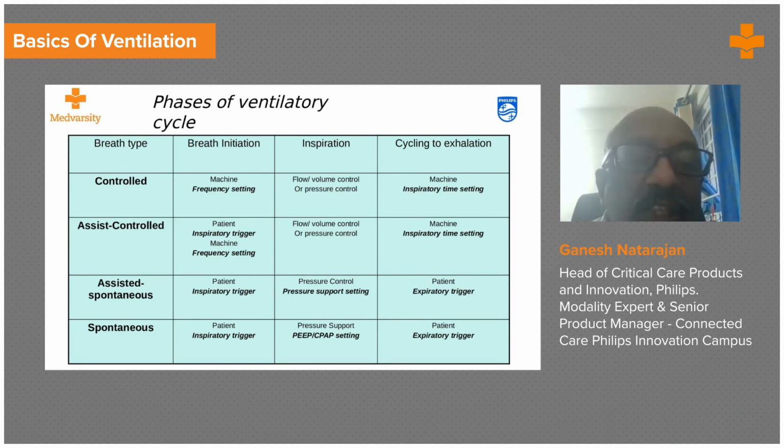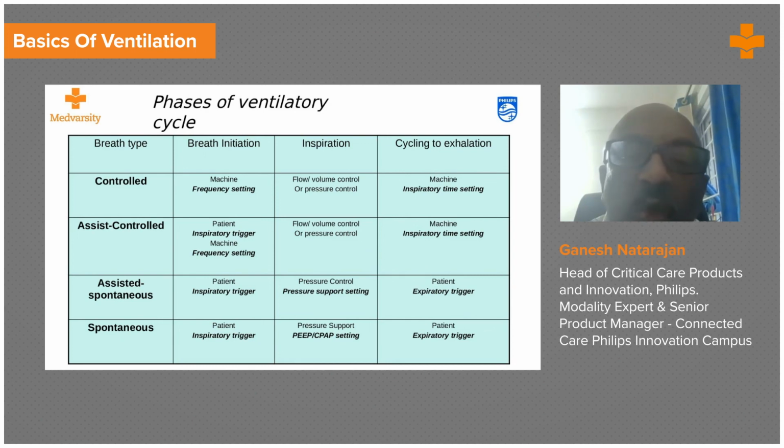In a spontaneous breath, you have the patient who triggers. Once the patient triggers, if it's a pressure supported breath, the patient's own effort is supported by the equipment. If it's a non-pressure supported breath, then the spontaneous effort is as per the patient's own work. There is something called a trigger window here that comes into play.